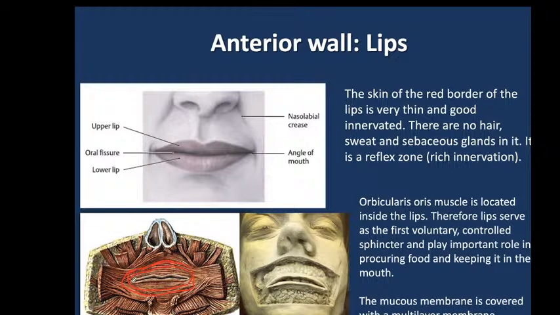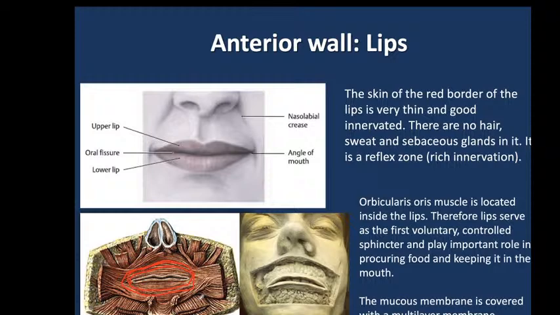orbicularis oris muscle. You see, there are a lot of muscles that come into contact with the oral fissure, because this opening serves not only for taking food into the oral cavity, but also for speaking.